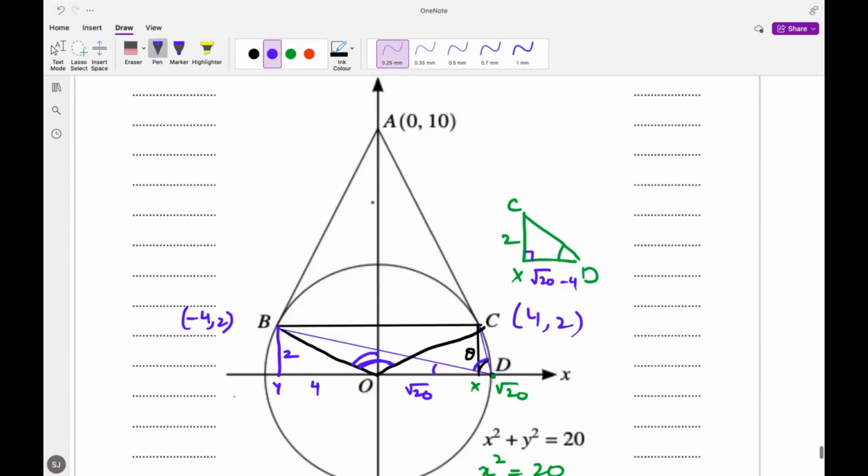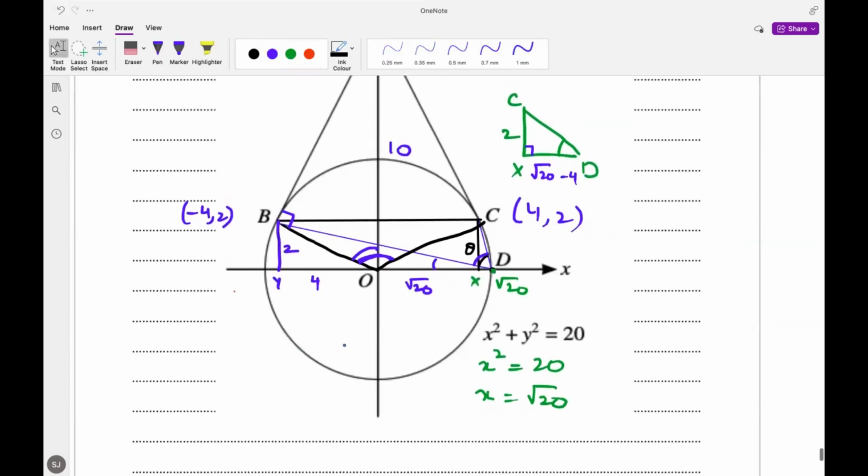We already know that this total length was 10. We can find the length of OB through Pythagoras theorem, as this length is 2 and this length is 4. And as this is a right angle due to the tangent, we can apply adjacent over hypotenuse to find the angle BOA. Once we find that angle, we can multiply that by 2.